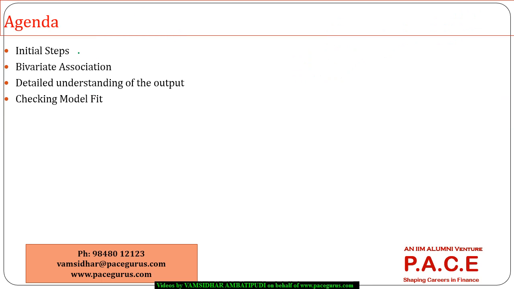So initially we will talk about, if I have to do a simple linear regression, what are the initial steps? What are the various ways available to me to understand the relationship between what we call the dependent variable and the independent variable? What is the bivariate association existing between them?